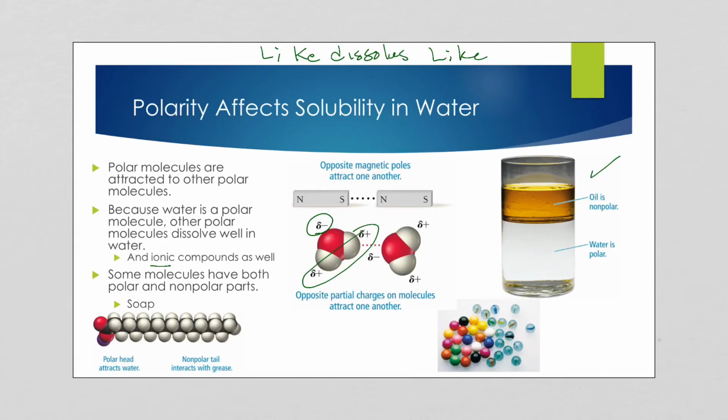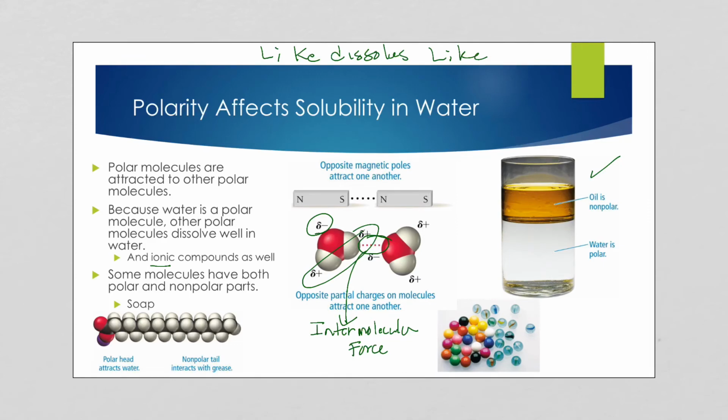Now, we'll talk about what this connection is. This attraction is a type of what we'll talk about in the next chapter as an intermolecular force. And it's what holds molecules together. I'm not going to go too much into it now. We'll get into detail about it next chapter.